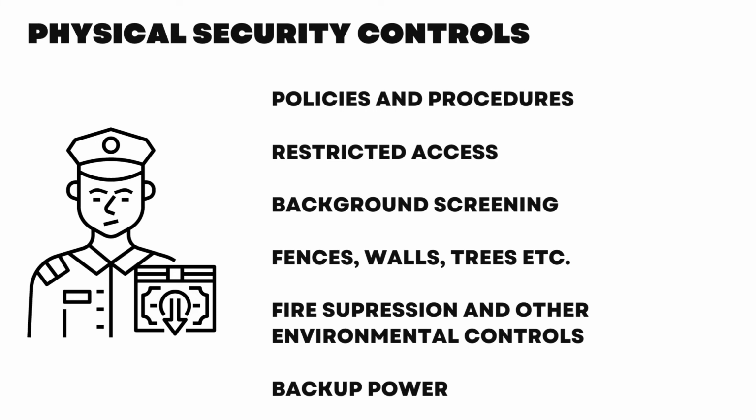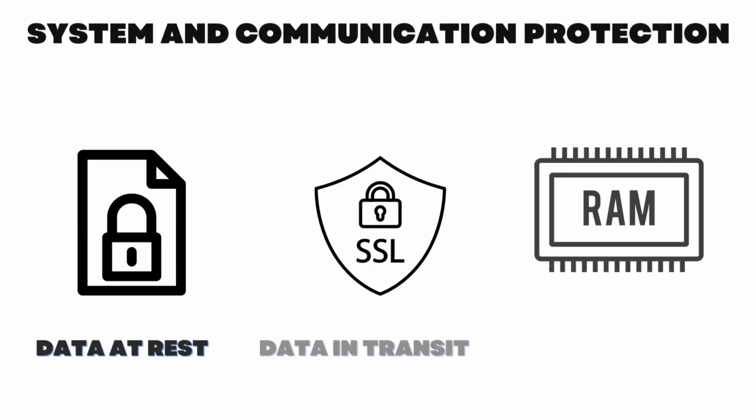Background screening. You need to make sure that the people who have access to critical systems have been vetted. You need to have physical controls like fences, walls, trees, badge readers, and fire suppression, right? Water damage protection, humidity control we talked about, and of course backup power. And the backup power and redundant telecom capabilities have to be there.